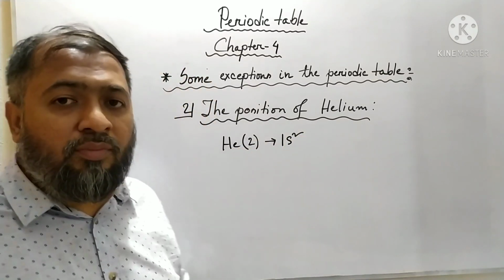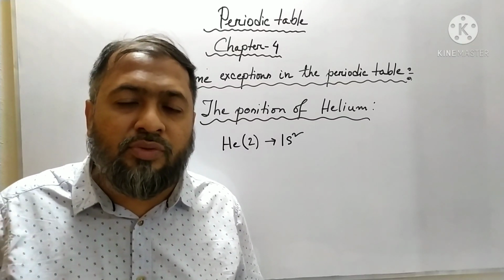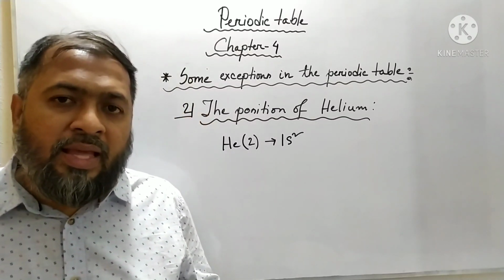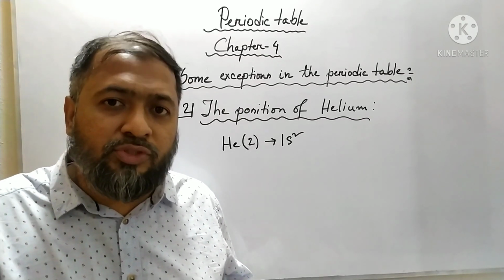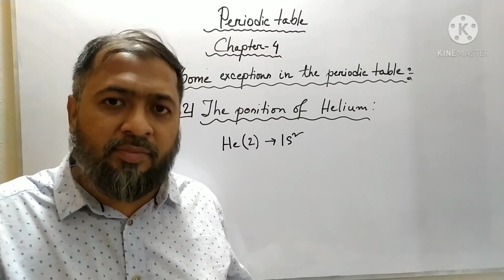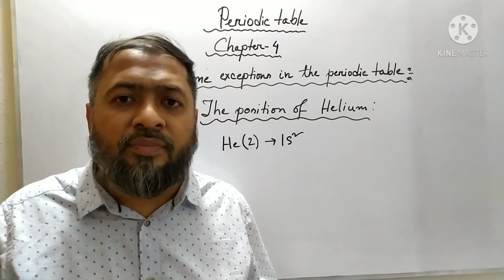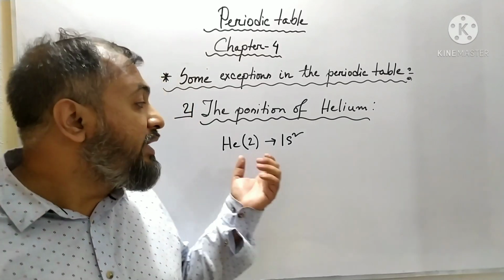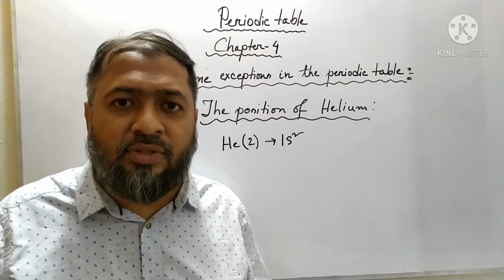According to the electronic configuration of helium, helium is supposed to be positioned in the alkaline earth metals. I repeat once again, helium is supposed to be positioned in the alkaline earth metals, but helium is positioned with the inert gases. Actually, helium is an inert gas. It does not participate in chemical reactions.